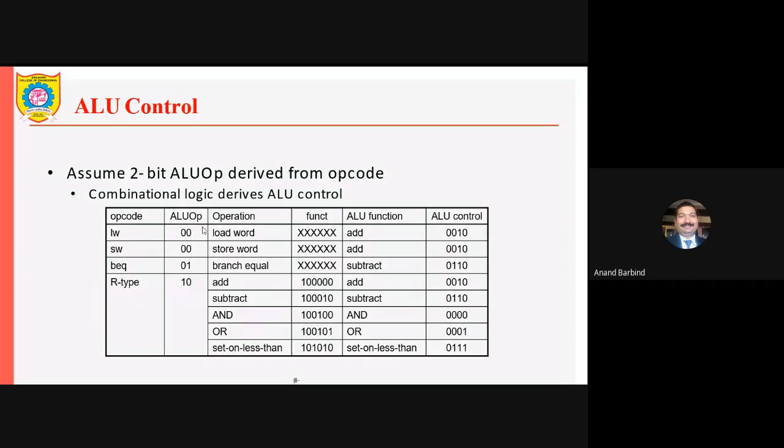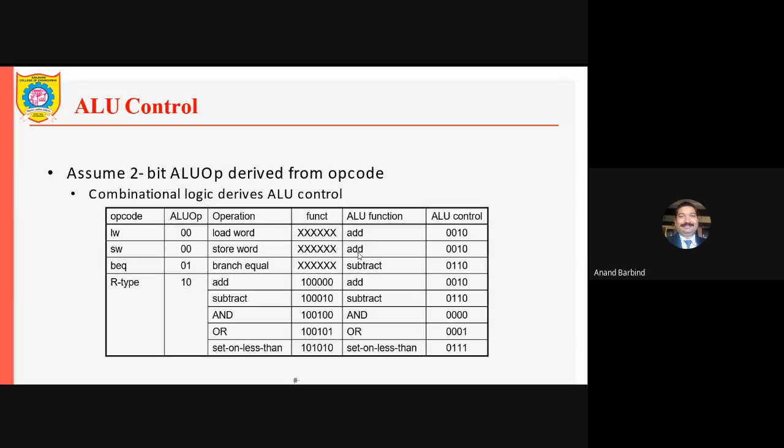Okay, so the ALU opcode for each of these particular instructions, for LW and SW, it is 00. For branch if equal, it is 01, and for R type instruction, it is 10. So the actual operation that is performed by the ALU in case of load word instruction is add operation.